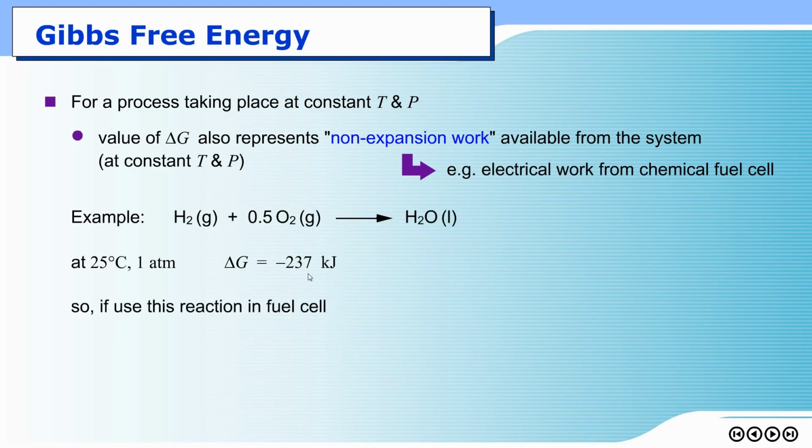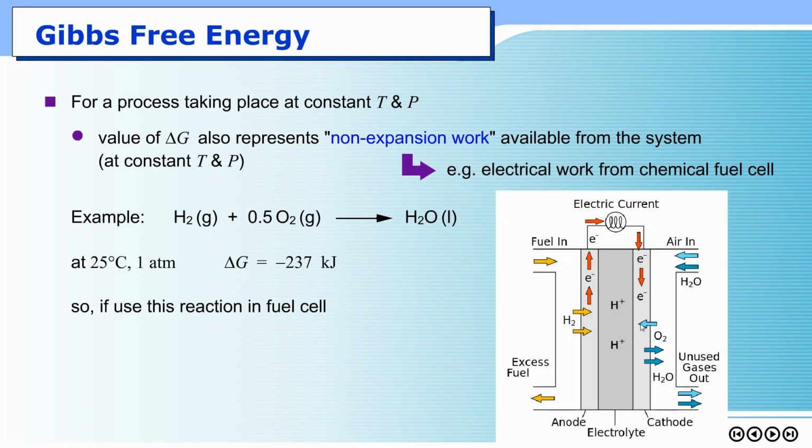Okay? So if we apply this reaction in a fuel cell, the fuel cell looks like this. On one side you supply fuel, which is hydrogen in this case, and hydrogen would pass through the cells. This divider is basically an electrolyte that allows protons to pass through.